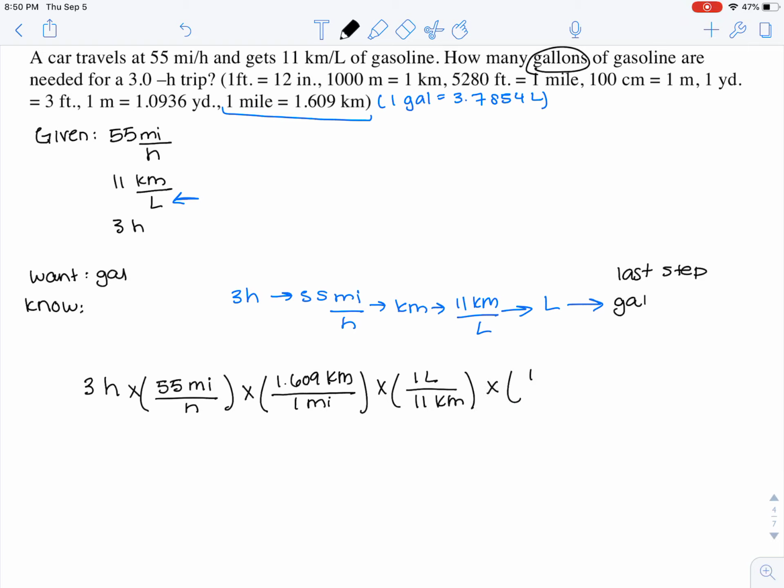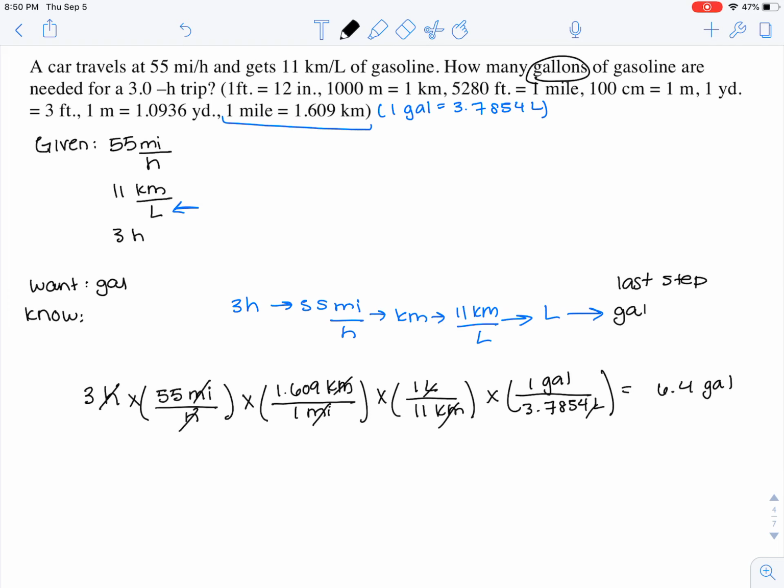Multiply that by 1 gallon over 3.7854 liters. And you double check. Hours go away, miles go away, kilometers go away, liters go away, and you're left with 6.4 gallons. Then you check your significant figures.